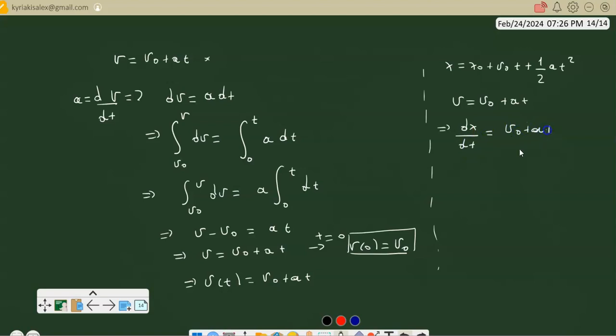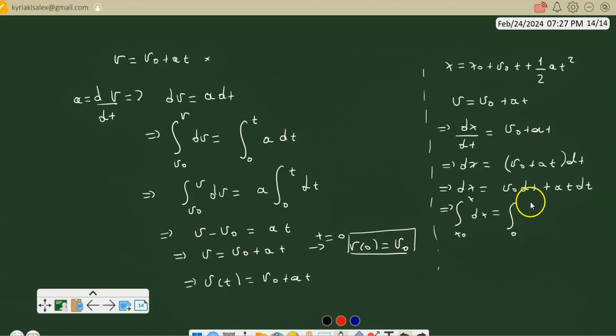So the differential dx equals v0 plus a times t dt. This can be written as v0 dt plus a times t dt. I integrate, x0 is my initial position, and I integrate from t equal to 0.